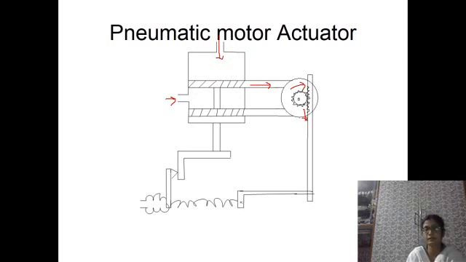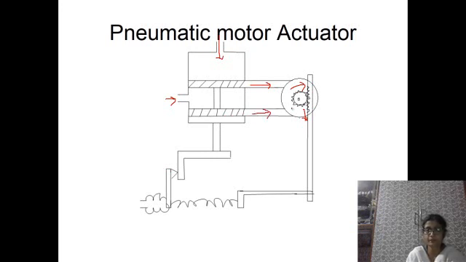Again, there is an arrangement of a positioner, then it will move in the other direction. So in turn, the upper path gets closed and the lower path gets opened.